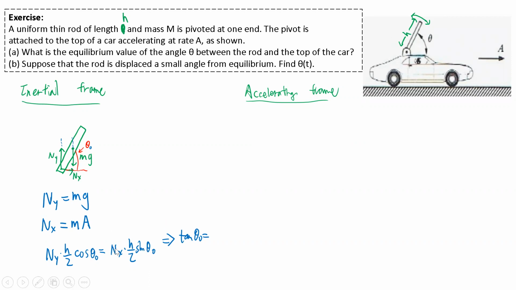If I did sine theta divided by cosine theta, that would be equal to ny divided by nx. That would be g divided by a. So this is essentially the same as what we had in the pendulum problem.